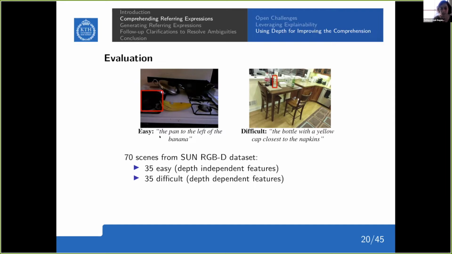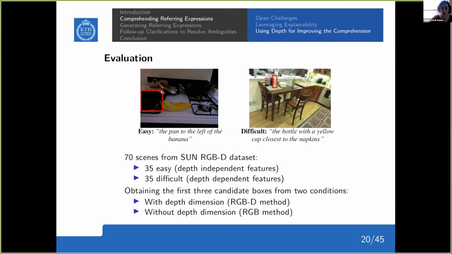Easy images are the ones which don't contain depth-dependent features, like the pen to the left of the banana, which is not dependent on the depth feature. But in the difficult category, the features were depth-dependent, like the bottle with a yellow cap closest to the napkins. To identify which one is the closest to the napkins, the depth feature plays a critical role. So we had both depth-dependent and independent features in our evaluation set.